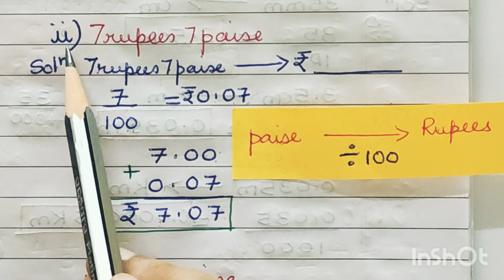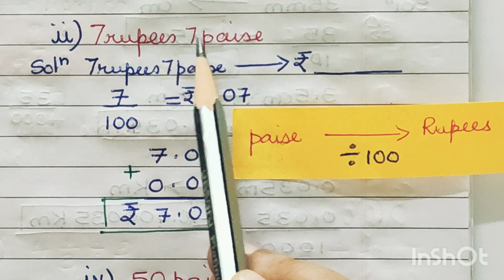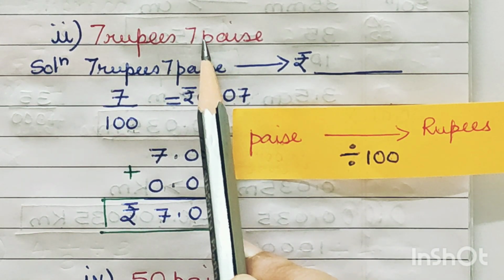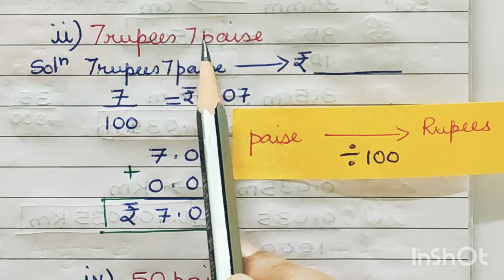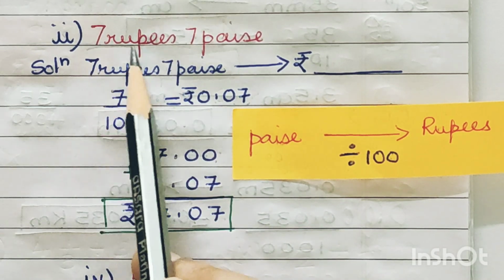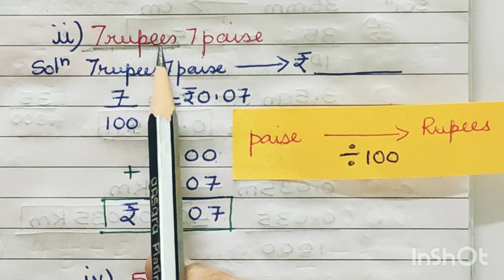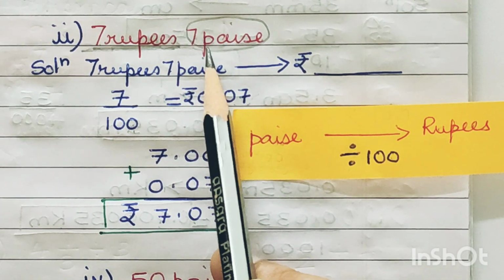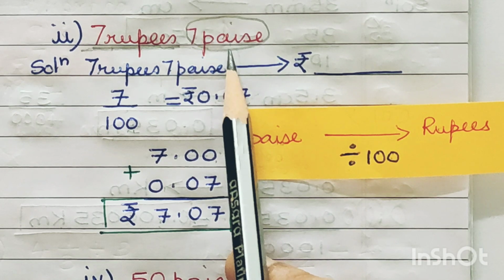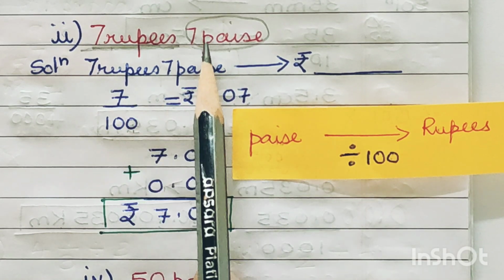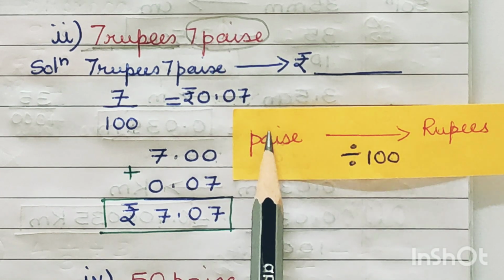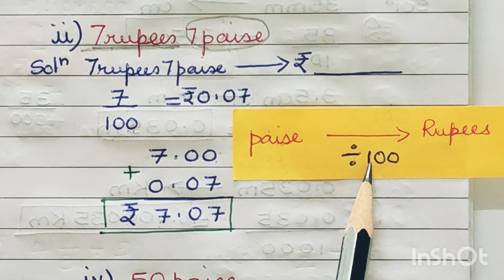Let's take the second one. We have 7 rupees 7 paise. This full value has to be converted into rupees, expressed in decimals. Now 7 is already in terms of rupees. What we have to work on is the paise part. So let's convert the paise part only. When converting paise to rupees, you divide by 100.